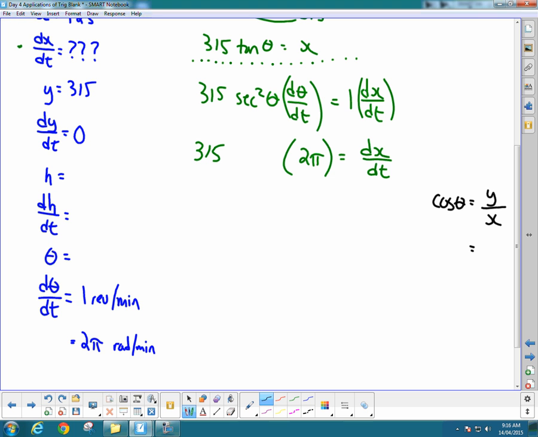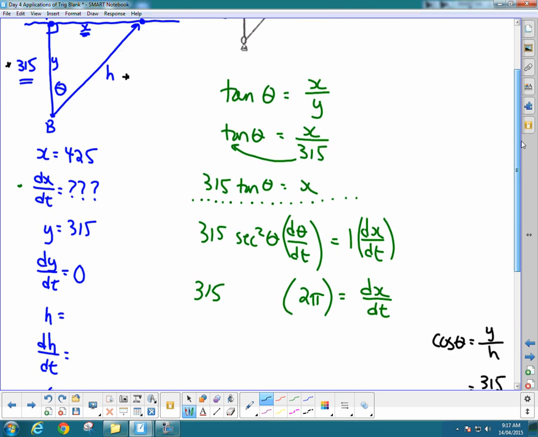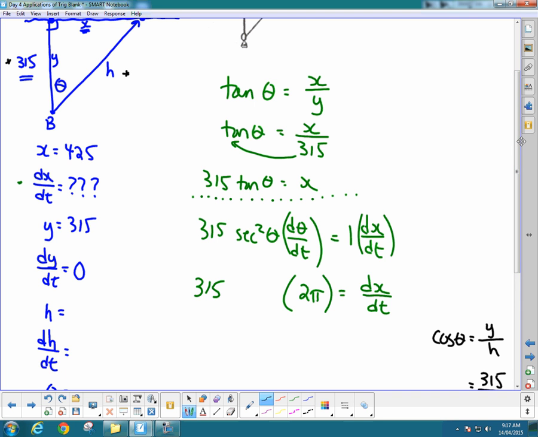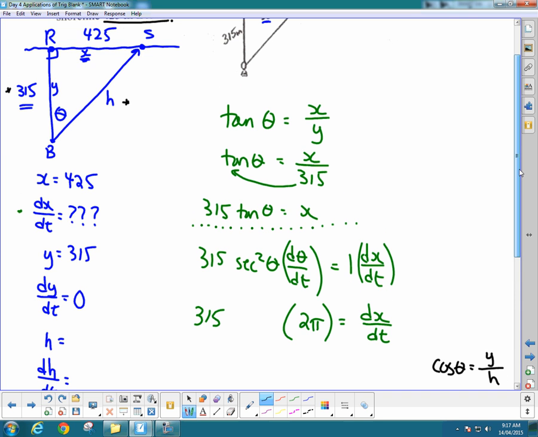The y part I already know is 315. Oh, man, I wrote it down wrong again. Sorry. Y over h. The y part I know is 315. The h part I got to figure out. Well, that shouldn't be too much of a challenge in this question. The h part is right there. I'm going to do the math right here.